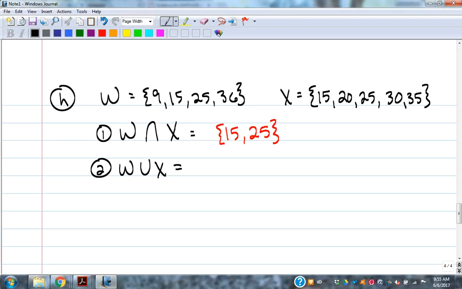When you look in your textbook or on the quizzes or exams online, you're going to see them in order. So the union of that just joins all of the elements together. So we have 9, 15, 20, 25, 30, 35, and 36. So the union, easier problem, a little longer answer, but nothing major.